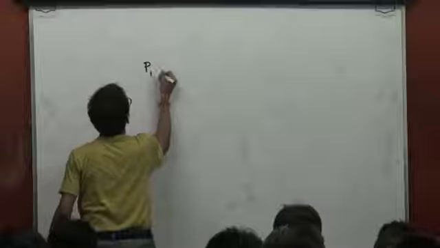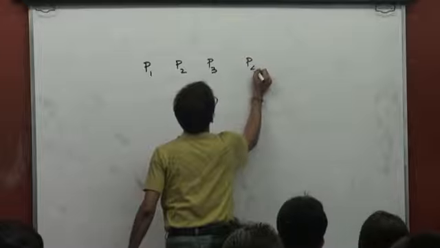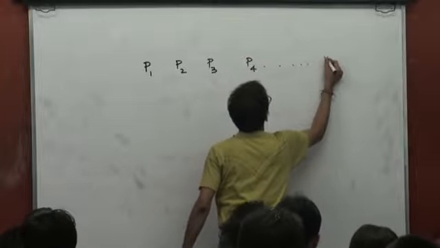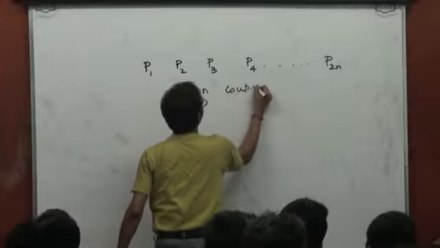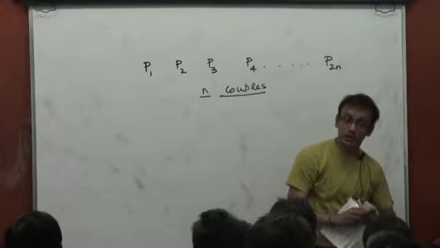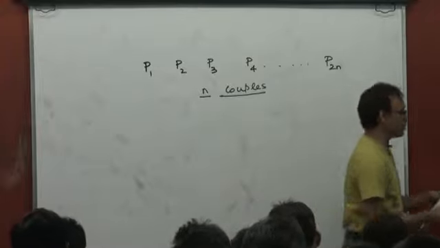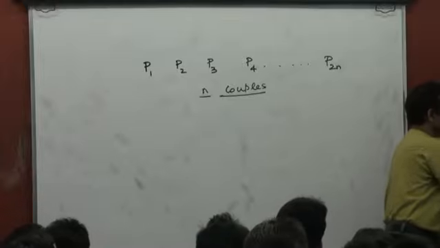Number of ways of dividing 2n people into n couples. That means the number of ways of creating n couples out of 2n people.